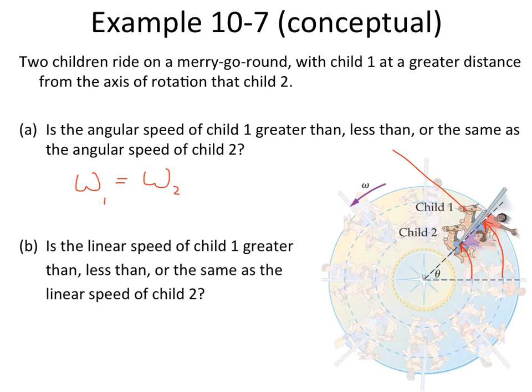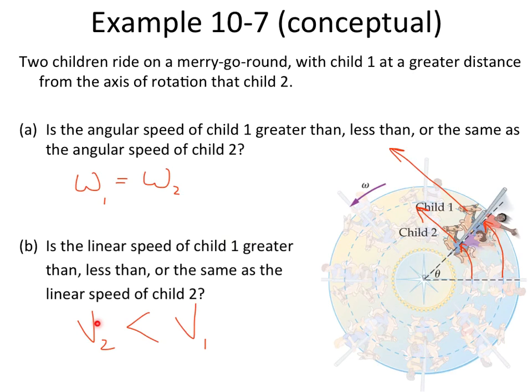This guy right here would have a linear speed that is what? Greater than, less than, or equal to that of child 2? It'd be greater than, right? Child 2 is moving at a lessened tangential velocity or linear velocity. So the velocity of child 2 is going to be less than the velocity of child 1. So I guess I answered that backwards. Child 1 is greater than child 2.